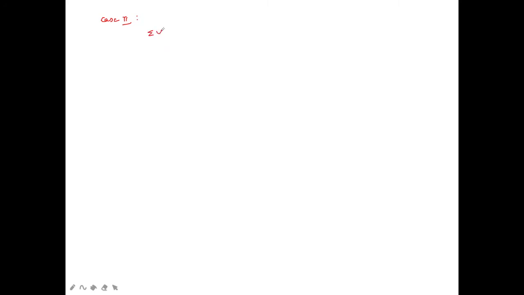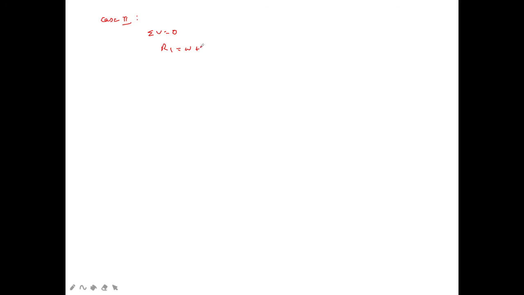Let us say sigma V equal to 0. If you apply sigma V equal to 0, what we'll get? We'll get R1 equal to W plus 75 sine 25 degree.